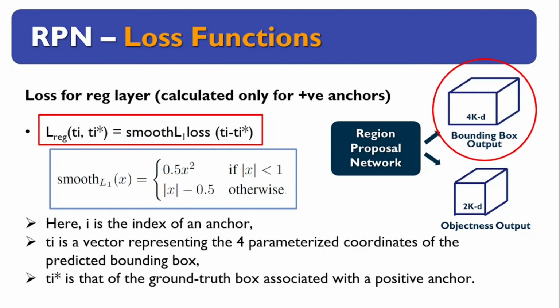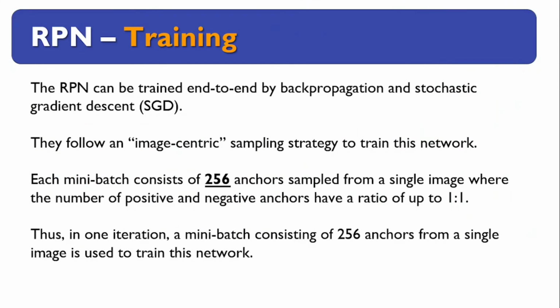Having defined the loss functions, let us now consider the training procedure which is used to train this RPN. The RPN can be trained end-to-end by backpropagation and stochastic gradient descent. In the paper, they follow an image-centric sampling strategy to train the network.